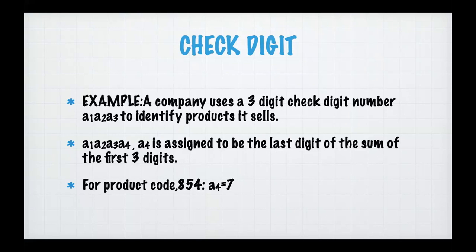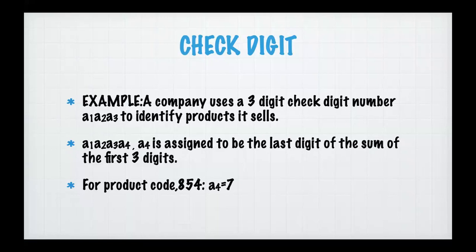For example, let us say a company uses a 3-digit number, say A1, A2, A3, to identify a product it sells. The company appends an extra digit at the end, which is the sum of the first 3 digits. When you sum the digits, you may get a 2-digit or a 3-digit number, so you check the number at the unit place and append that number to the series.